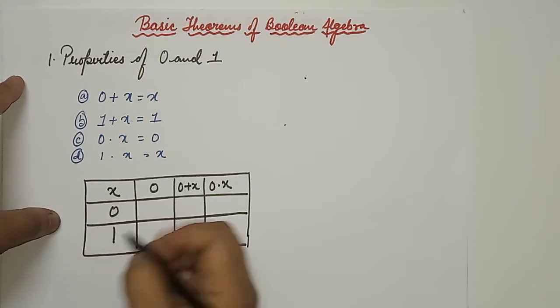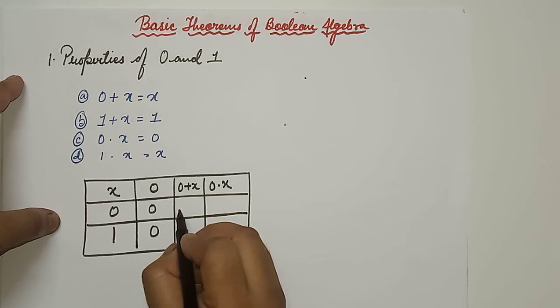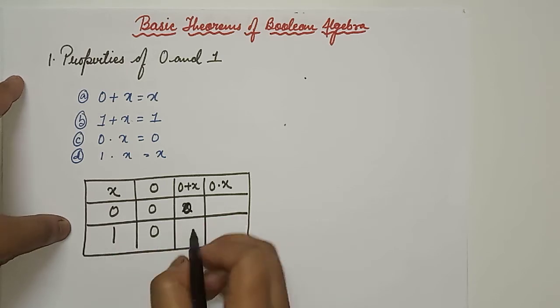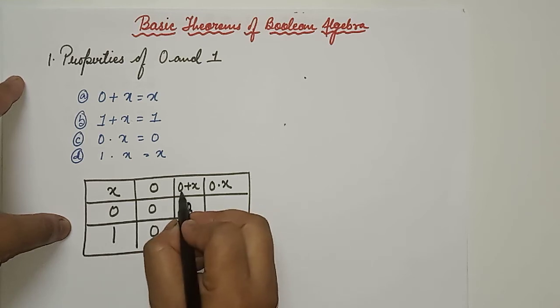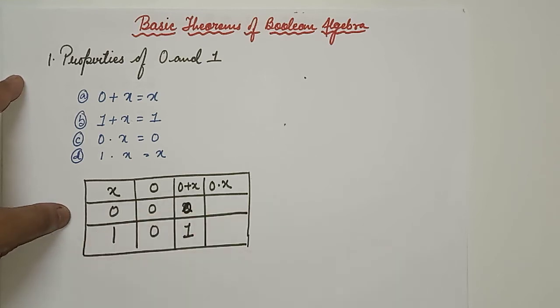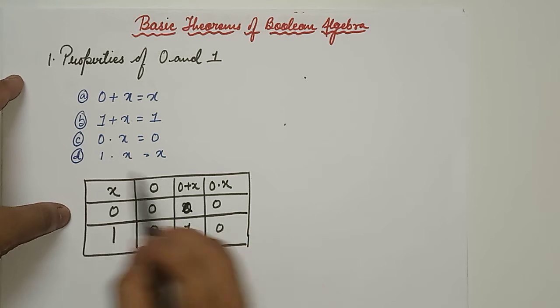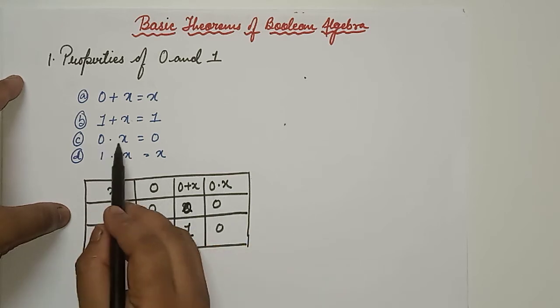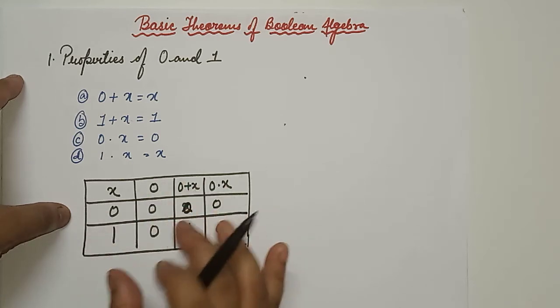It will have two values. This is the 0 value. Once the 0 is added with the x, the result will be whatever the value of the x is. So here 0 plus x is equal to x. You can see it. But if it is multiplied, we will get all the results as 0 only. So you can see 0 when multiplied with x, all the result is 0. So this is the property of 0.